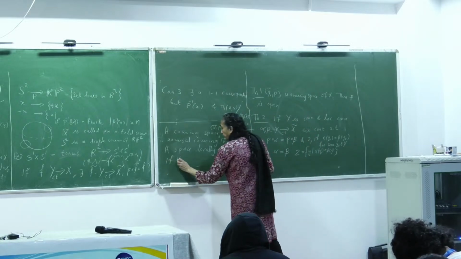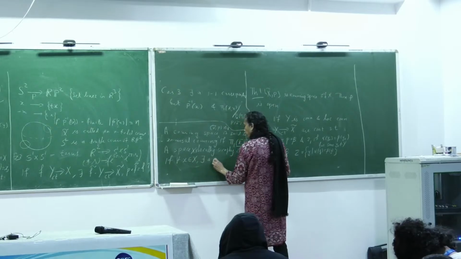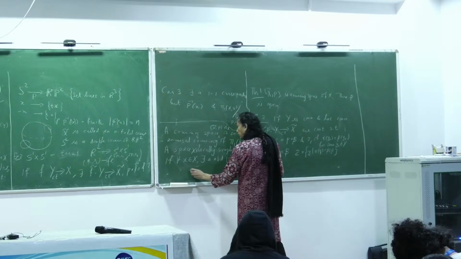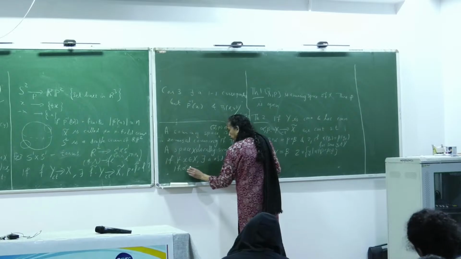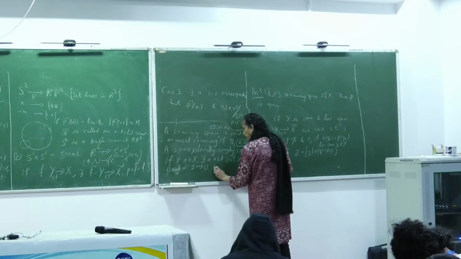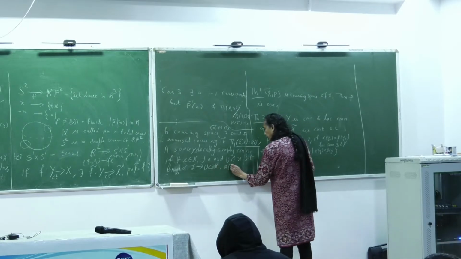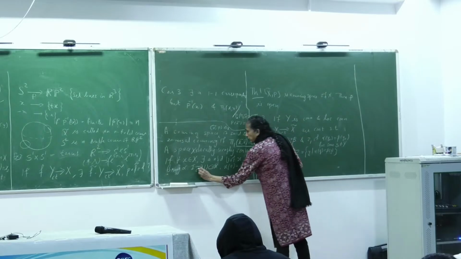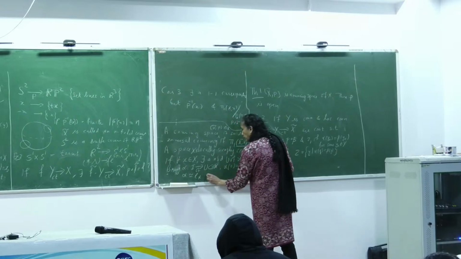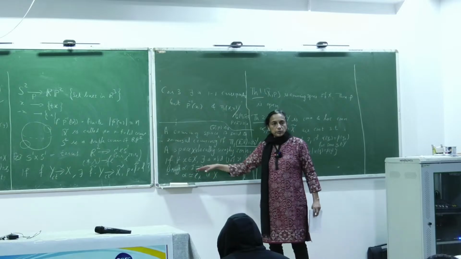A space X is locally simply connected if for every x belonging to X, there exists a neighborhood U of x such that for any closed path at x in U, that is, any alpha from I to U, with U a subset of X, so this is a loop inside U, alpha 0 equals x equals alpha 1, continuous, then alpha is null-homotopic in X, not just in U but more generally in X, in the sense your homotopy can go out of U to make this happen.